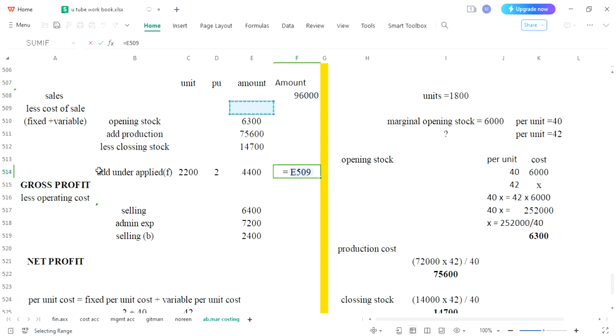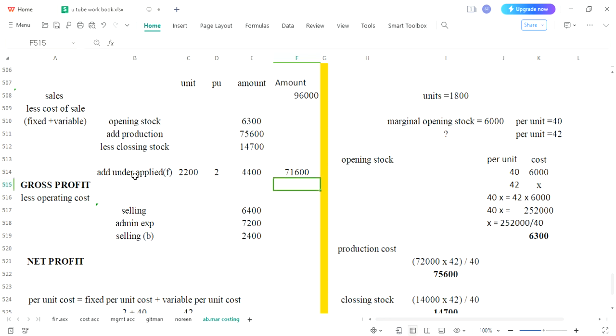First we have opening stock, then we need to add production cost, after which we will subtract closing stock, 14700, and since it is under applied, we will add under applied production, which was 4400.